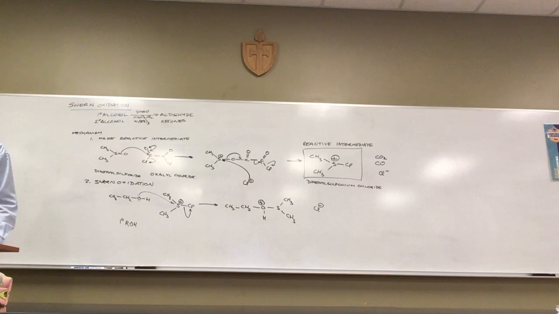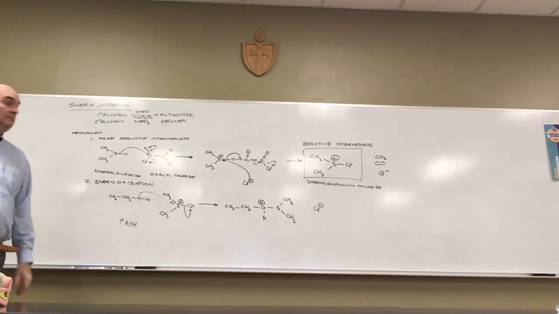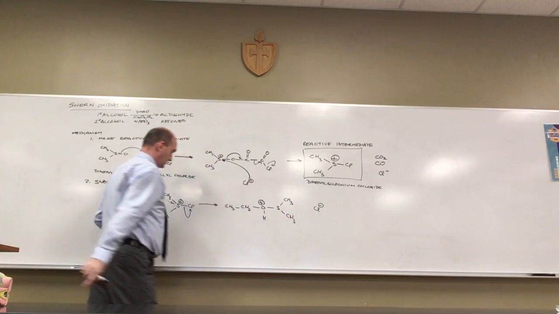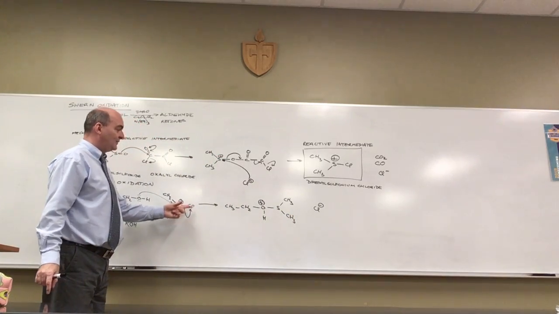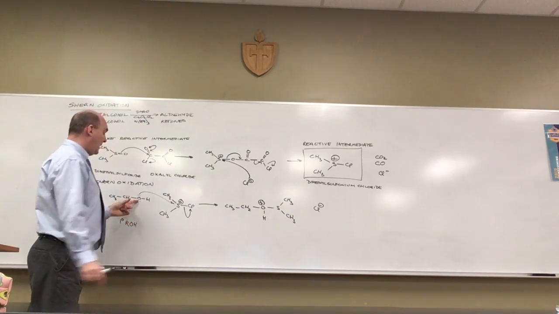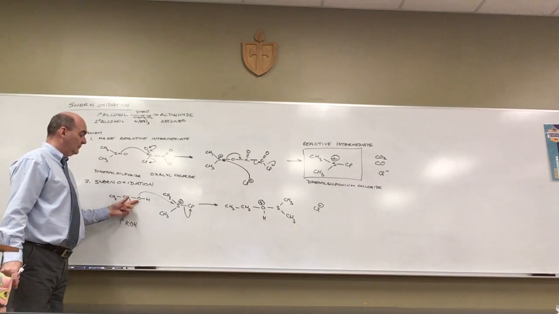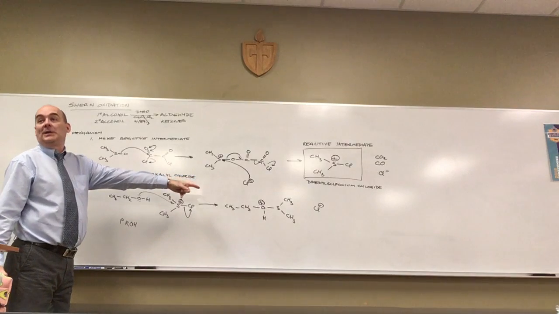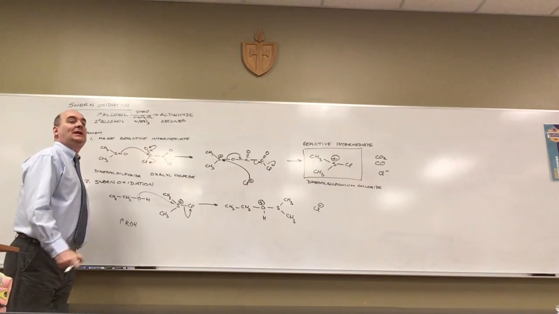Anything else that you think I need to have in this molecule? Leaving group just left. The leaving group that left is chloride. My oxygen, which was 2 bonded, is now 3 bonded. And if I'm in group 6 and I have 3 bonds, I need a positive charge.